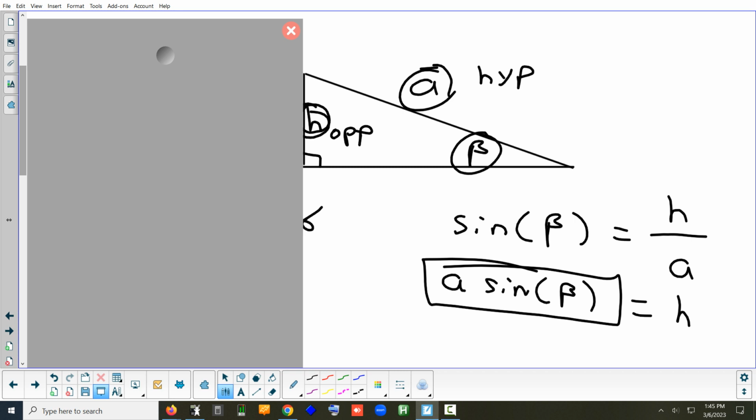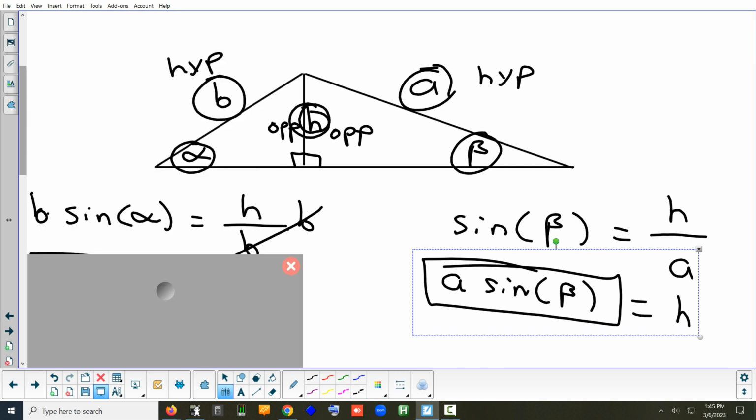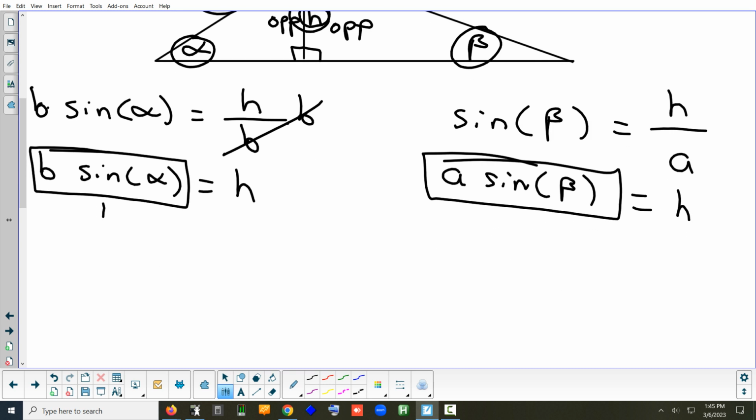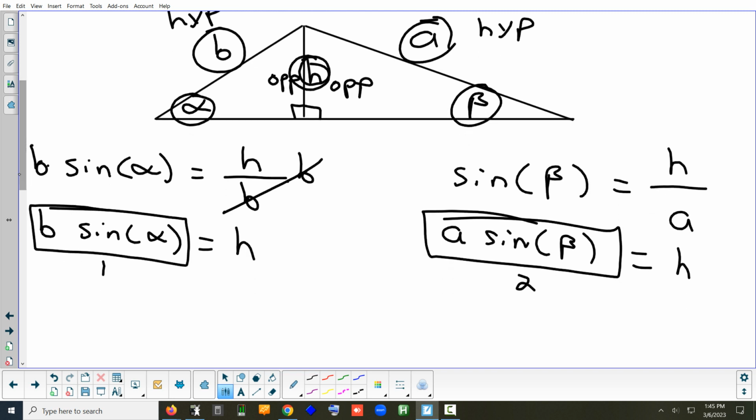So now we have another formula for h. Any question on that one? Okay, so now let's look at the whole thing. Just call this one box 1 and box 2. Box 1 is a formula that gives you the height of that triangle.